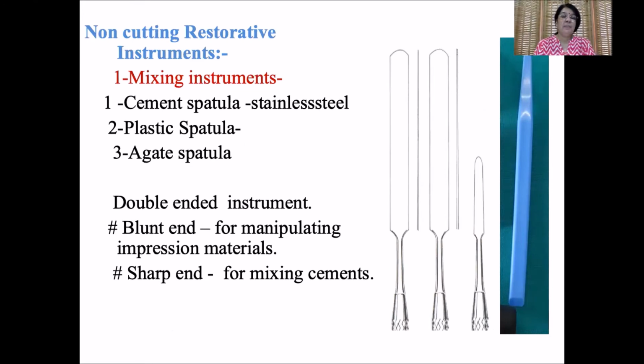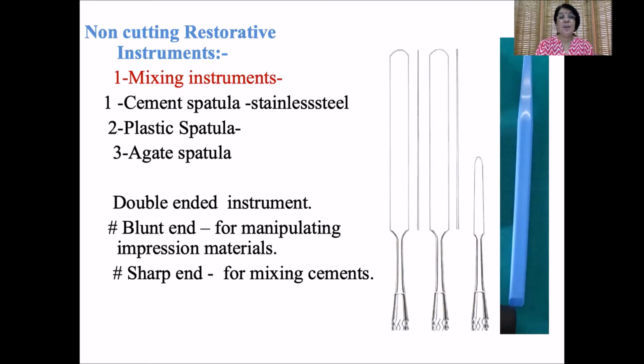Stainless steel spatulas are more commonly used to mix all types of materials which will not abrade the stainless steel, because if it gets abraded, the stainless steel powder will get mixed with the cement, and that will cause problems in your restoration. So for your simple zinc phosphate and all, you are using a stainless steel spatula.